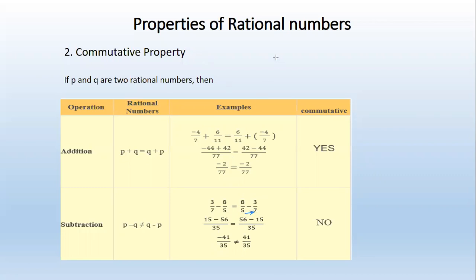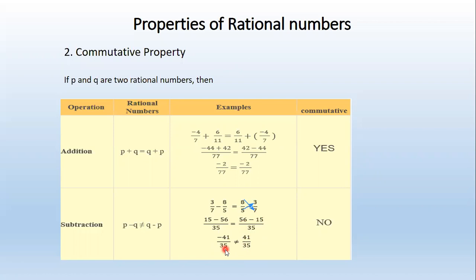Then we are doing the cross multiplication. 8 into 7 is 56. In between there is a minus sign. 3 5s are 15. 56 minus 15 is 41, and the denominator is 35.